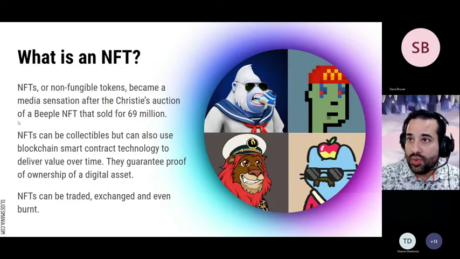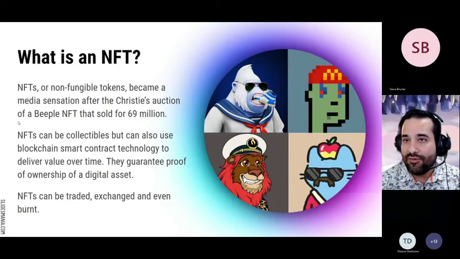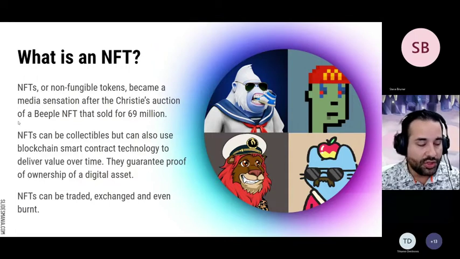Now, what else can you do with NFTs? NFTs can also deliver value over time. And this is where you have the smart contracts. Smart contracts are actually code that gets executed automatically in the blockchain. So if you collect an NFT, you can have access to other perks or other NFT collections, or maybe you have exclusive access to parties, dinners, concerts, right?